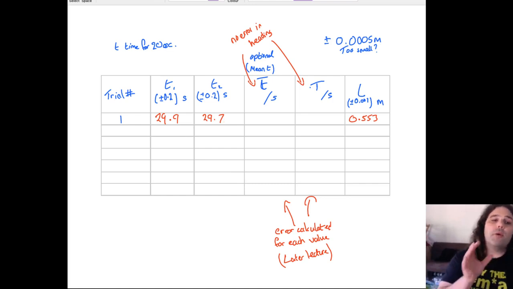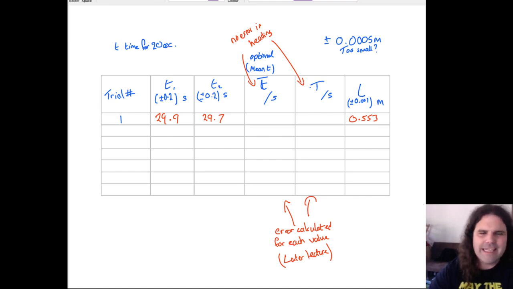Now, the stop clock might measure to 2 decimal places. But if my error is plus or minus 0.2, there's not much point having that extra decimal place. So 1 decimal place is fine. 2 decimal places is essentially too precise for our error.